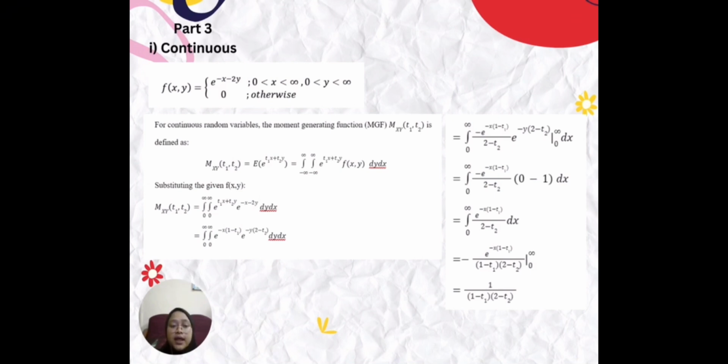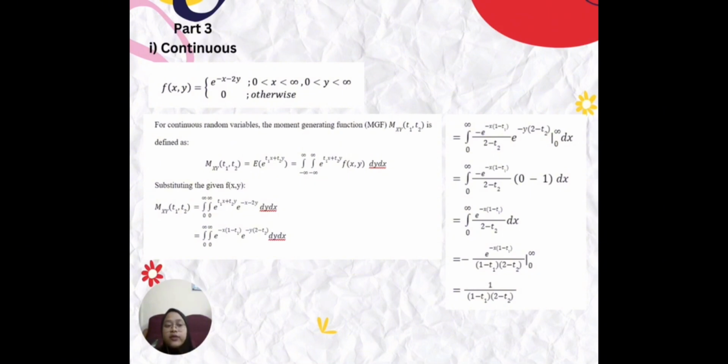Then we substitute the limits of x, infinity and 0, and we get 1 over (1-t1)(2-t2).